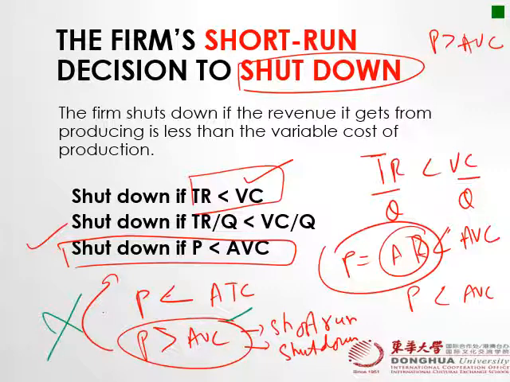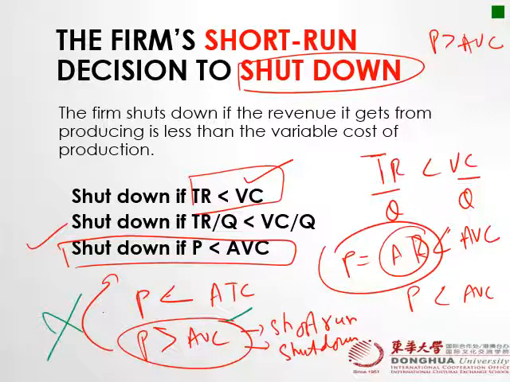But we close down temporarily because our revenue is not even covering our variable cost. It means by opening the factory we are heading to a loss, because we have to pay salaries and pay for raw material. Even the sale price is not covering our variable cost. So if we produce, we are actually increasing our loss.